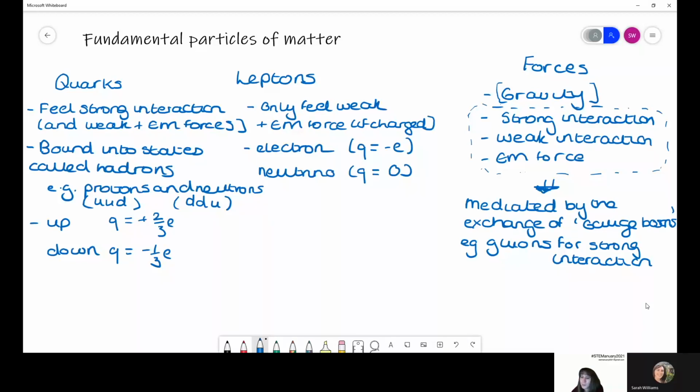It's important to realise that in all interactions involving particles, a quantity called lepton number is conserved.